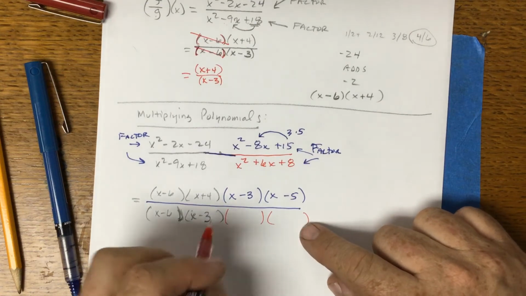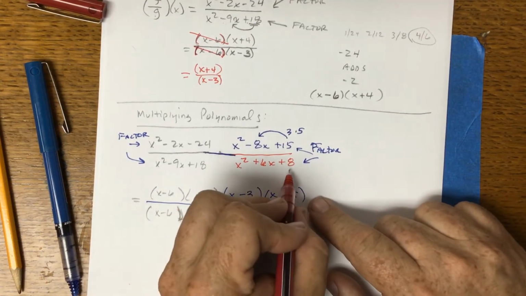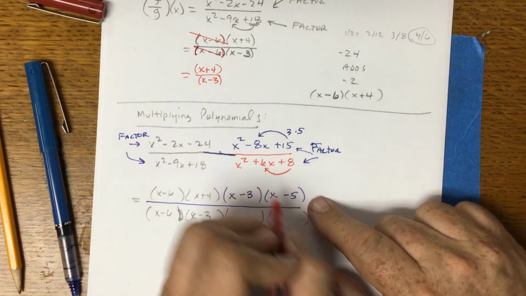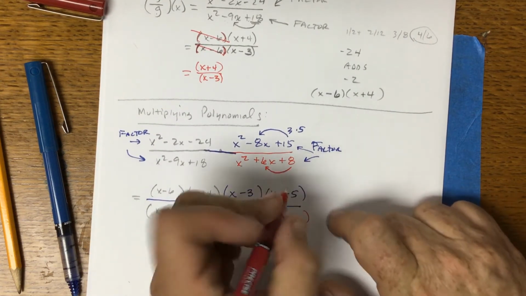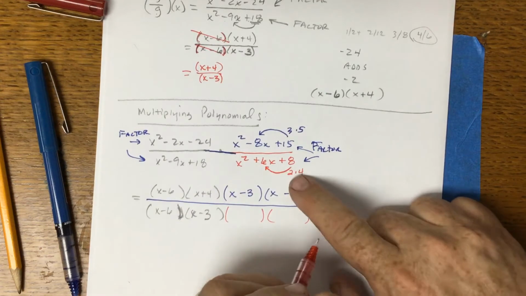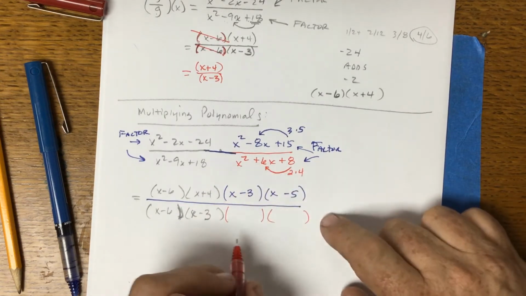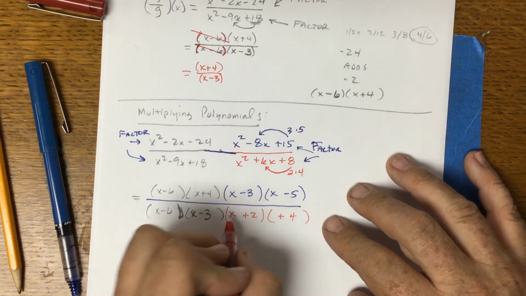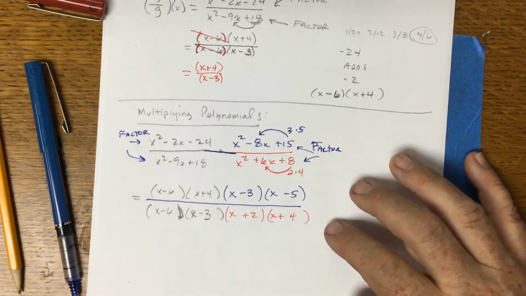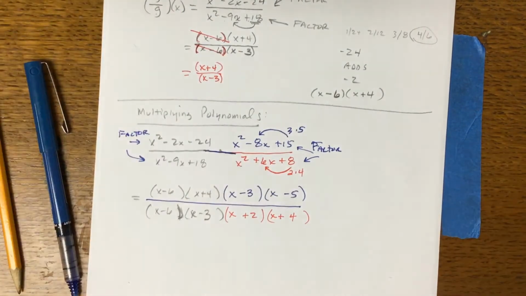Now if I go to my red one, what multiplies to make 8 but adds to make 6? 2 times 4 makes 8, 2 plus 4 makes 6. So I've got a positive 2 and a positive 4. Throw our x's in front there. So now we need to start looking for things that are the same.